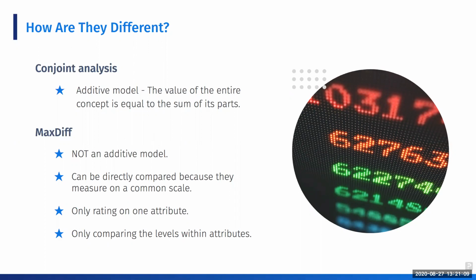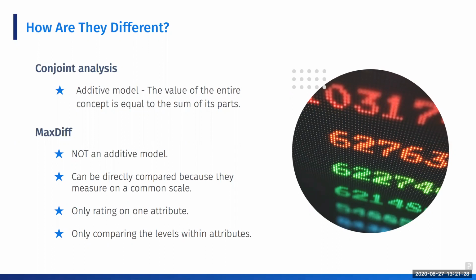So it is very much a zero-sum game, in the sense that certain items or certain combinations of attributes that make an item are going to be liked more than they are disliked, and then the same vice versa. It's basically a zero-sum game. Whereas MaxDiff is not an additive model.